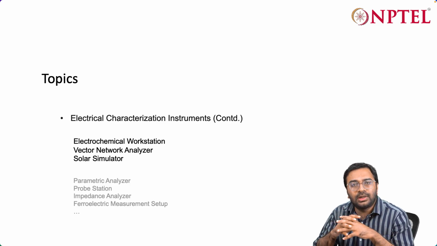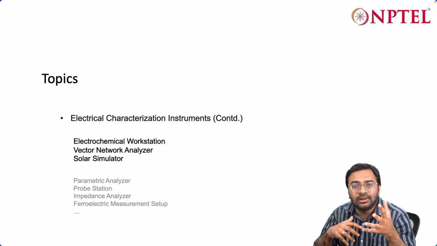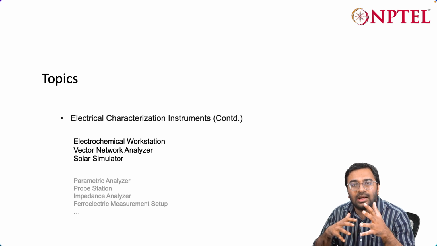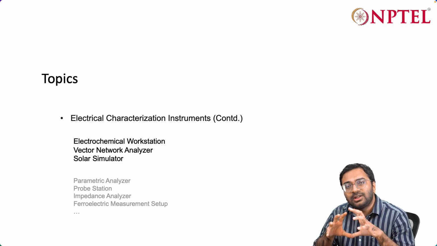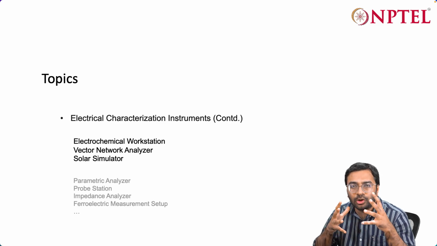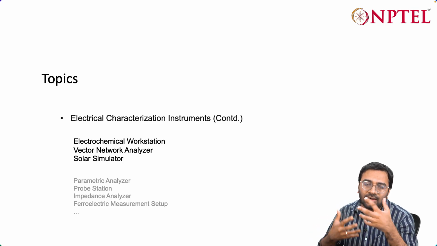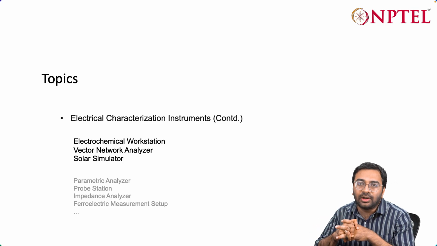This particular instrument is highly customizable. So you may find that a similar instrument kept elsewhere has higher capability than what I am going to show you, or you may find a similar instrument in some other lab which has lower functionality, because this instrument is very much customizable. Based on your need they can add different modules and your instrument will start functioning accordingly.